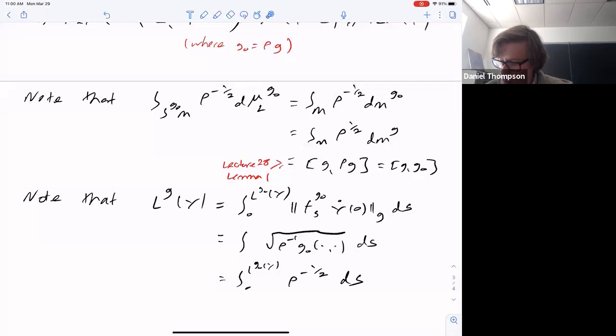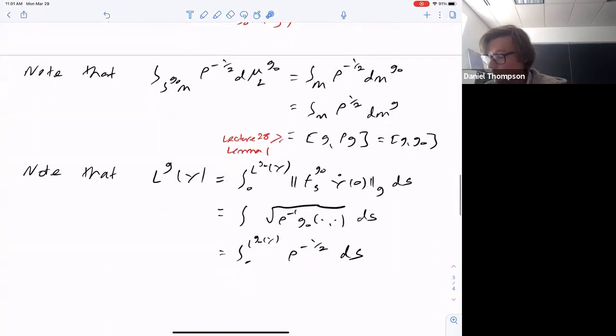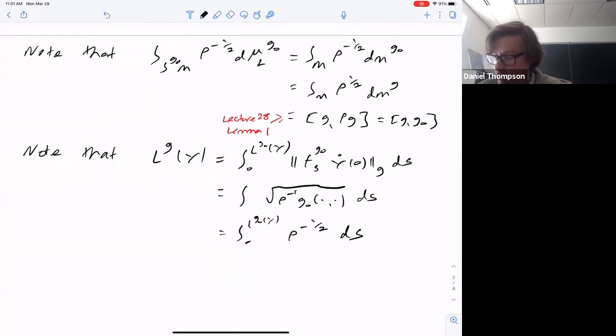So if I want to compute the g length, I can integrate from 0 up to the g0 length of this conformal factor to the -1/2. And where am I going here?